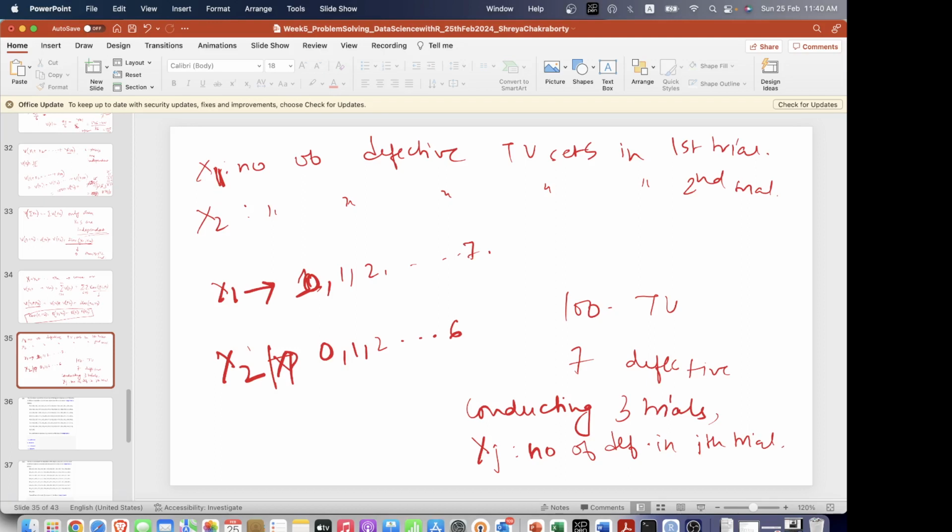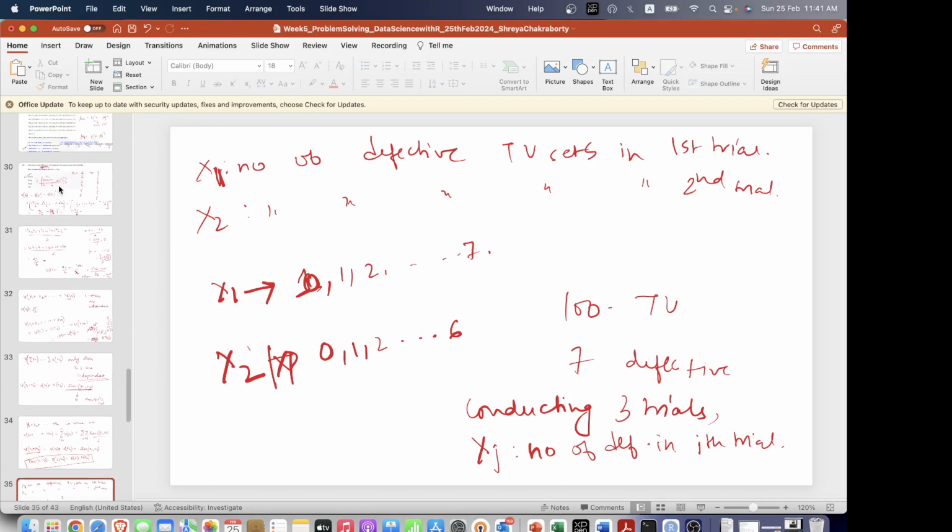Okay, so if x1 is taking a value 0, x2 can take values between 0 to 7. But if x1 has already taken a value 1 and we are not replacing the defective TV set into the population again, then x2 cannot take values from 0 to 7. It can only take values from 0 to 6 and with a different probability. So in such scenarios x1 and x2 are not independent.